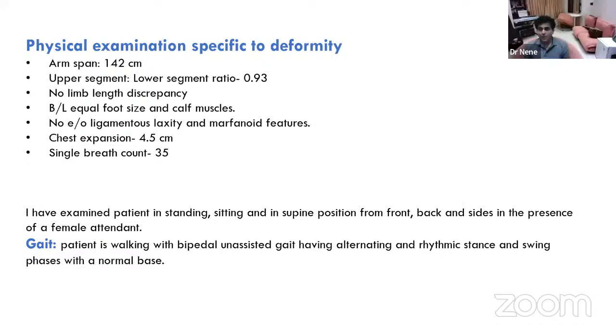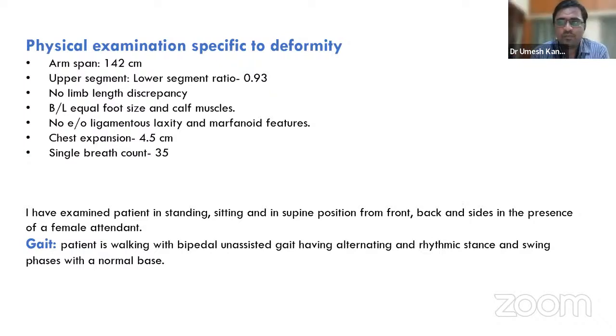So what is a normal arm span to height ratio? Like a non-scoliotic person, what's his normal ratio? It should be 1, sir, or 1:1. Yes, right. So here you have a height that's more than the arm span. Is that in keeping with a scoliotic child?